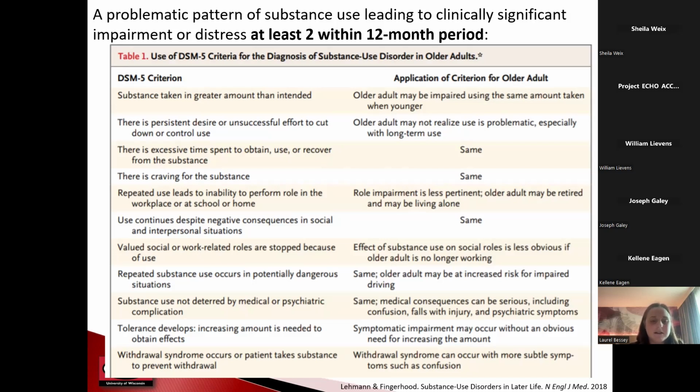So that's something to consider very closely when assessing someone for substance use disorder in their older age. And then for some of these things, we might get symptomatic impairment without an obvious need for increasing the amount. So again, this presents in some cases a little bit differently, and we might need to consider our criteria a little bit differently.